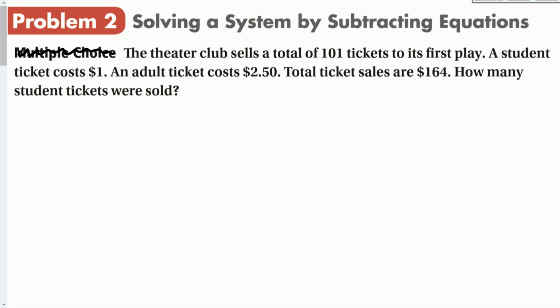So we have that x plus y, student tickets plus adult tickets, is 101, and that 2.5 times x plus student tickets $1 plus y is going to be equal to 164. Okay. So now we have a problem.